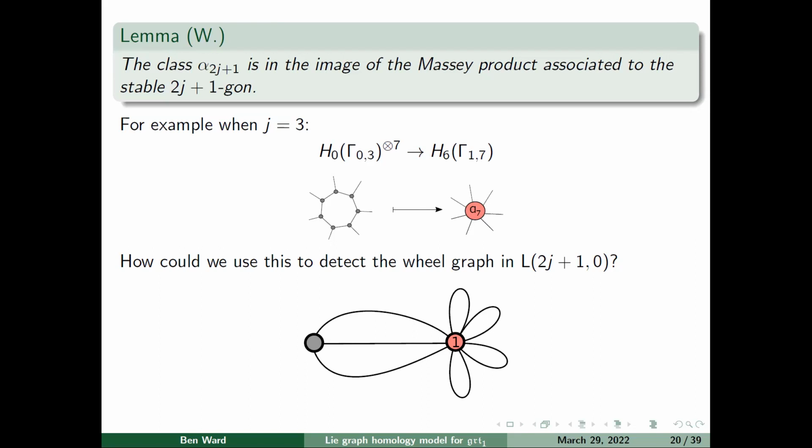Only a special subclass of them arise. But what you want is for them to be polytopes. So if you want to prove that lemma, that all of these are polytopes, one proof would be to take its dual graph and then identify it as the graph associahedron of the dual graph.